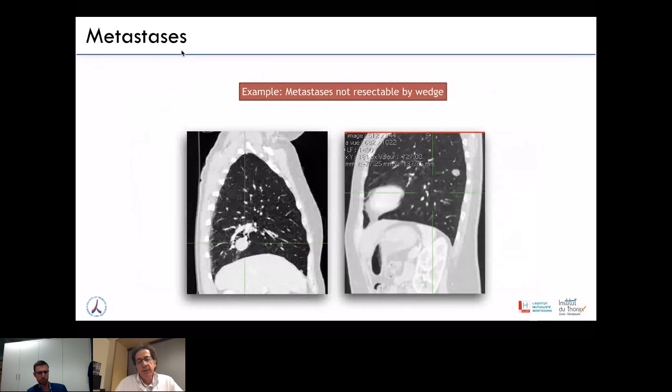These are examples of solitary metastases that obviously are not removable by wedge resection. And I think the choice cannot be a lobectomy for these lesions. So sublobar resection is an excellent alternative treatment.